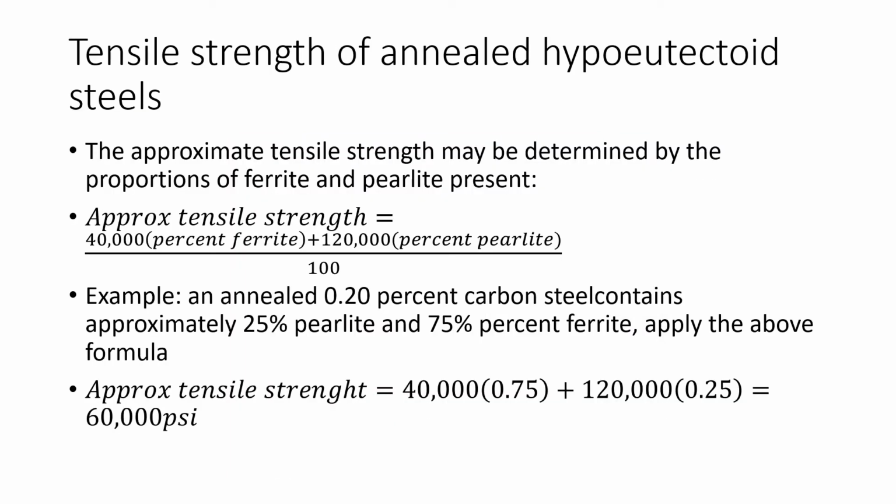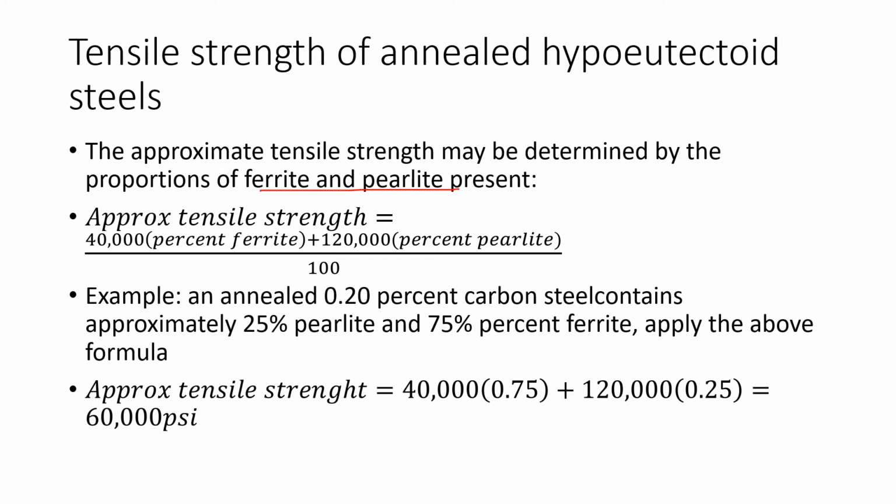Calculation of tensile strength of annealed hypoeutectoid steels. The approximate tensile strength may be determined by the proportions of ferrite and perlite present in the alloy.